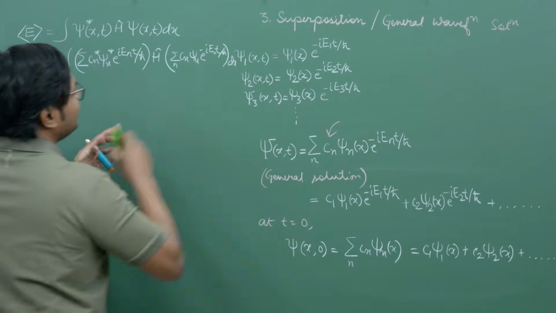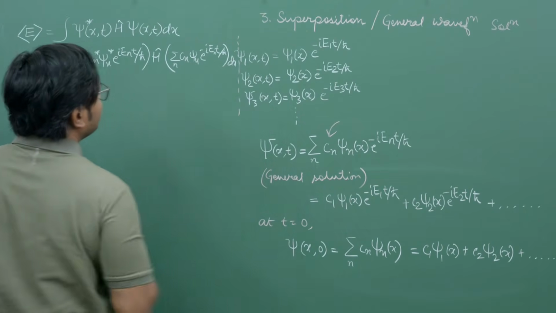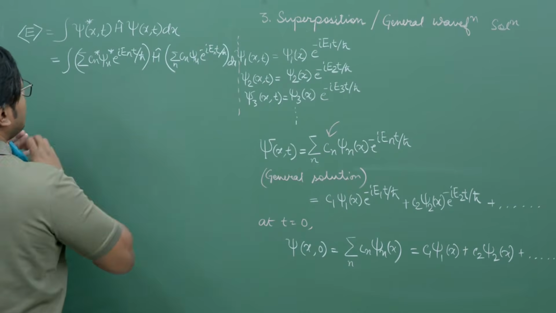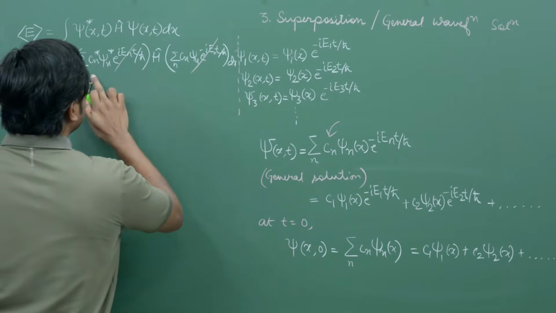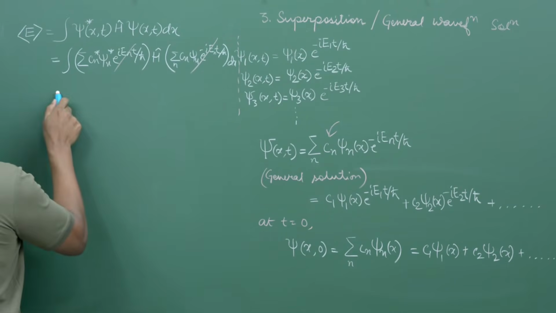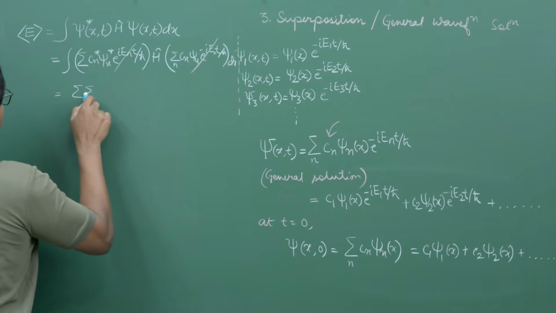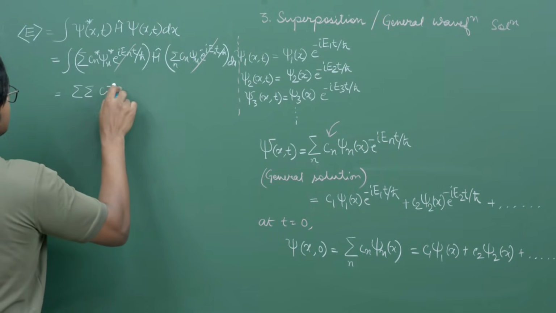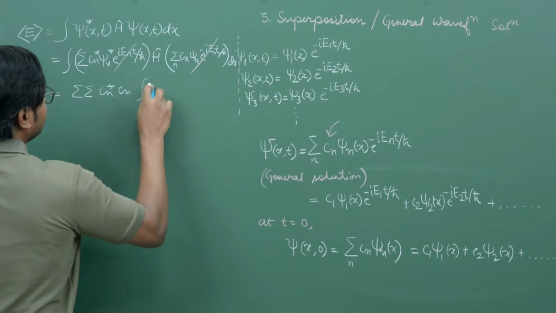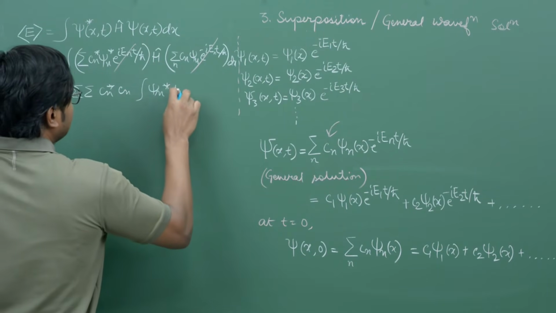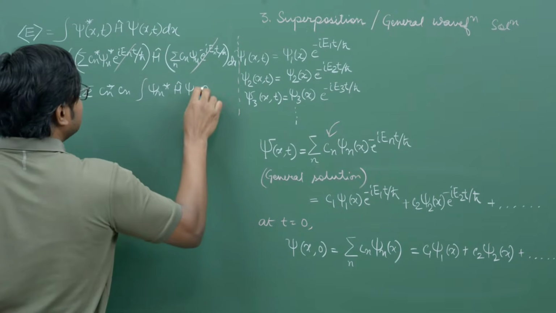Here again these terms get cancelled out. I can take the summation over Cn outside the integration, so I get a double summation over Cn modulus star Cn, and I end up with the integral of psi n star H operator psi n dx.